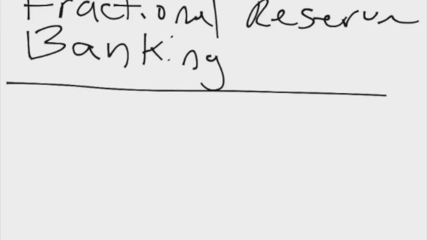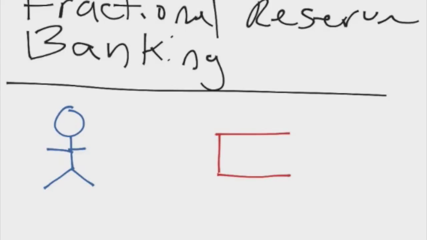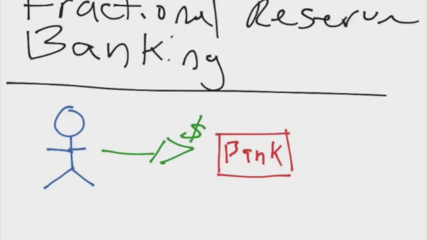Okay, in fractional reserve banking, currency deposits can also increase our money supply. So what happens is, let's say somebody deposits $100 into a bank, and let's say the reserve, the fraction of whatever is being deposited, is 10%.